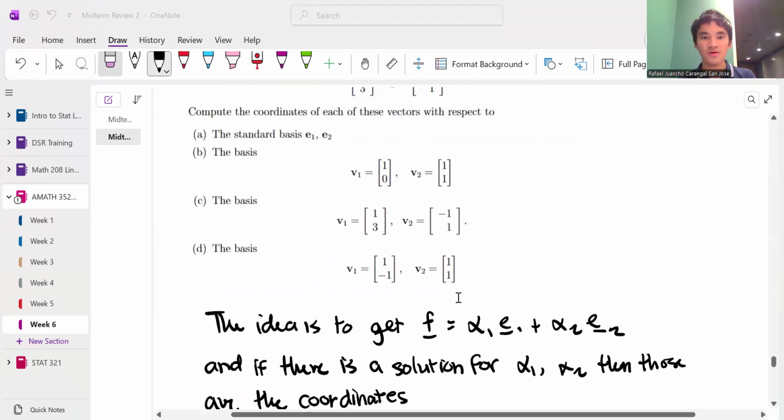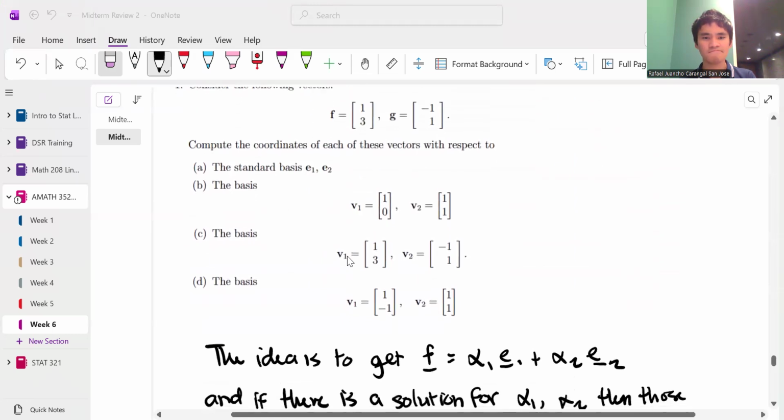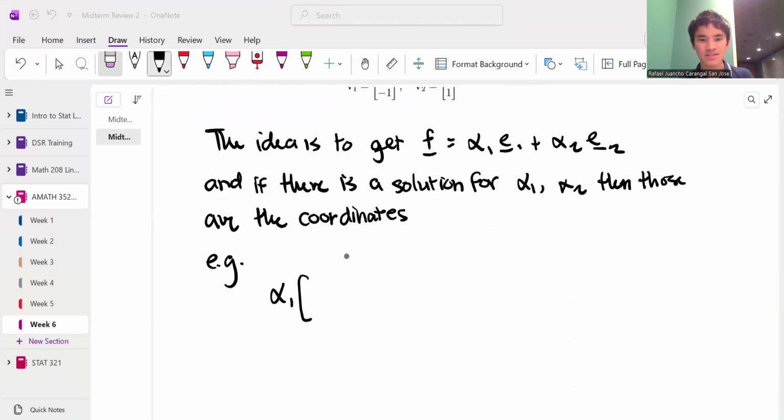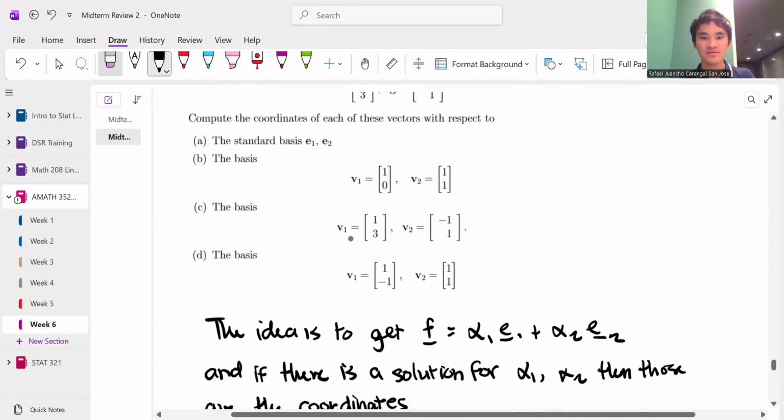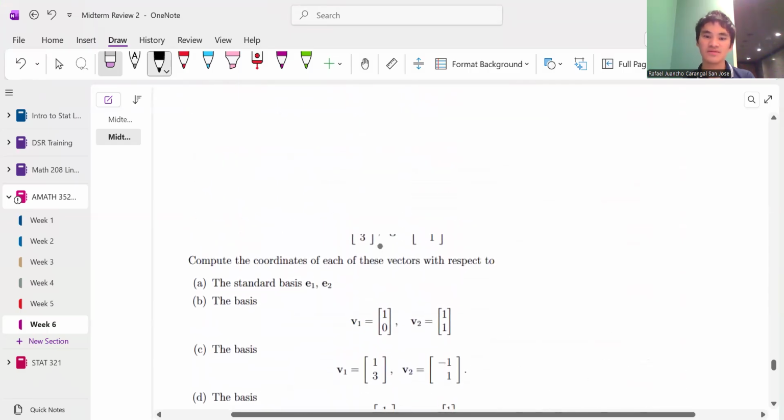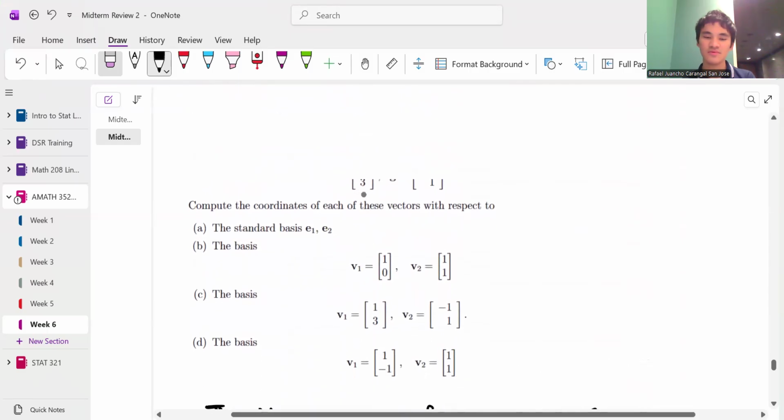So e1 is 1, 0, added to this guy, and we say that this is equal to that first vector. I can't see the vector. I think it was 1, 3. Yeah, it was 1, 3.